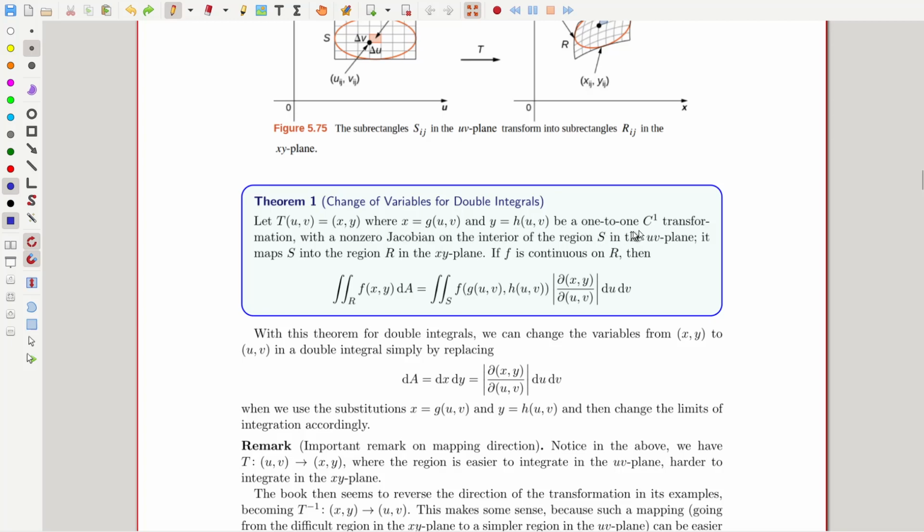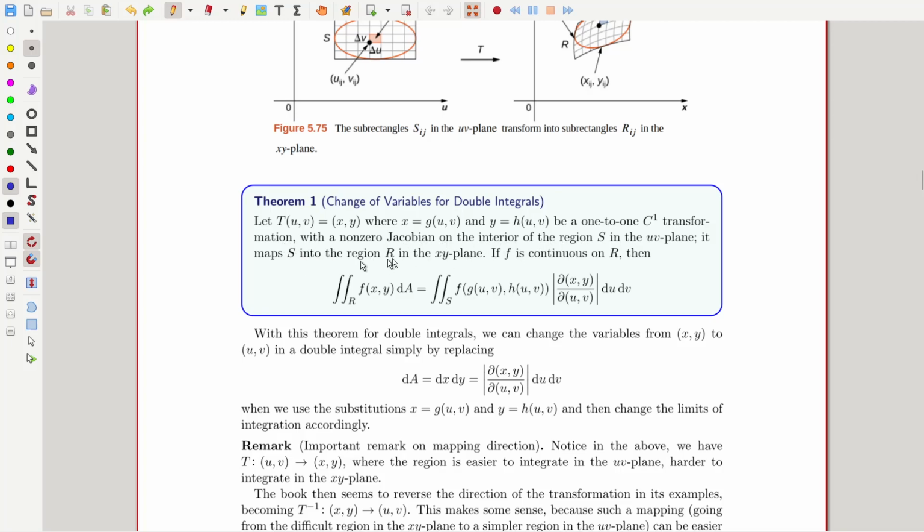And for the transformation to be good, we want it to be a one-to-one C1 transformation, right? So one-to-one meaning it's invertible, C1 meaning that the first partials exist and are continuous, so that the transformation is smooth, basically so the Jacobian is defined.